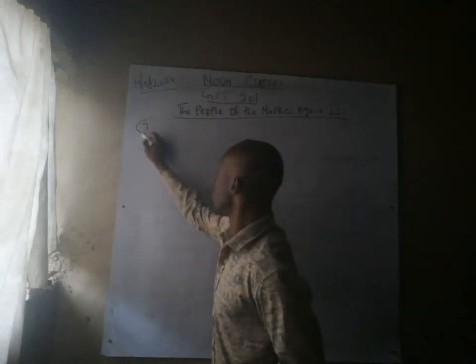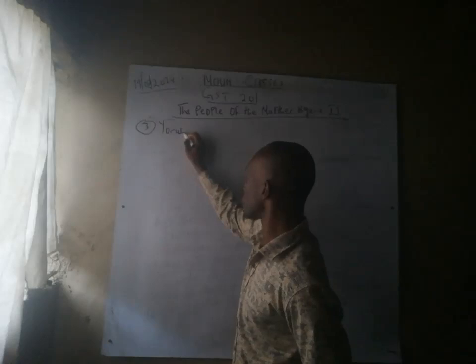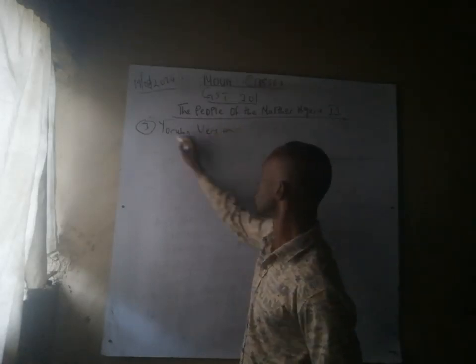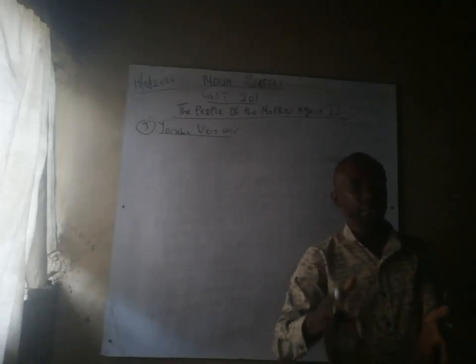Three, what we refer to as the Yoruba version. Now, in the Yoruba version, don't forget that the first one, Abutu Eje, makes us understand that the Igala came from the Jukun.